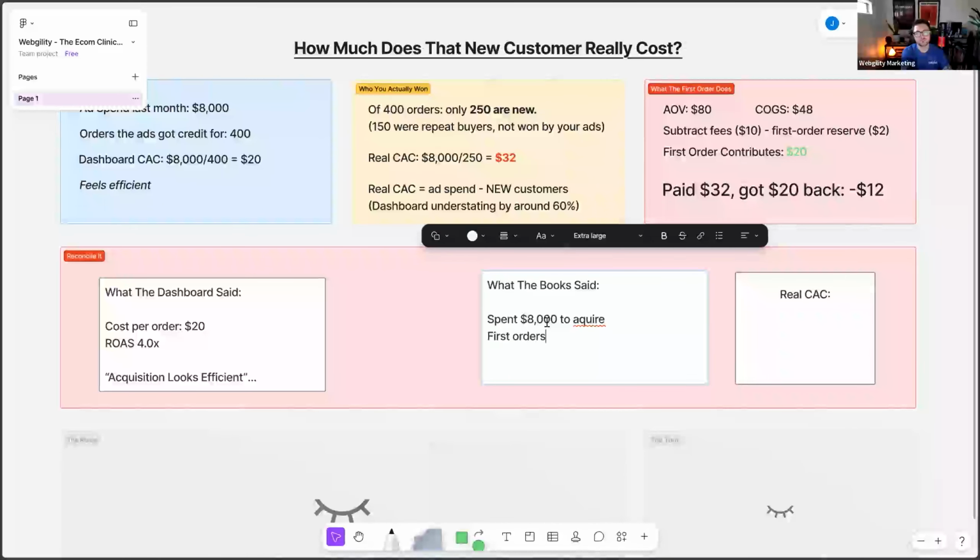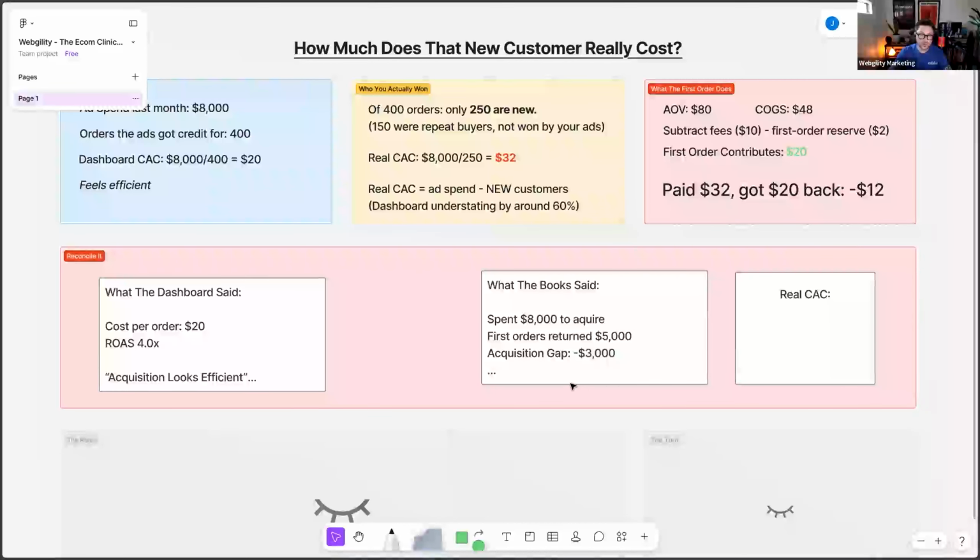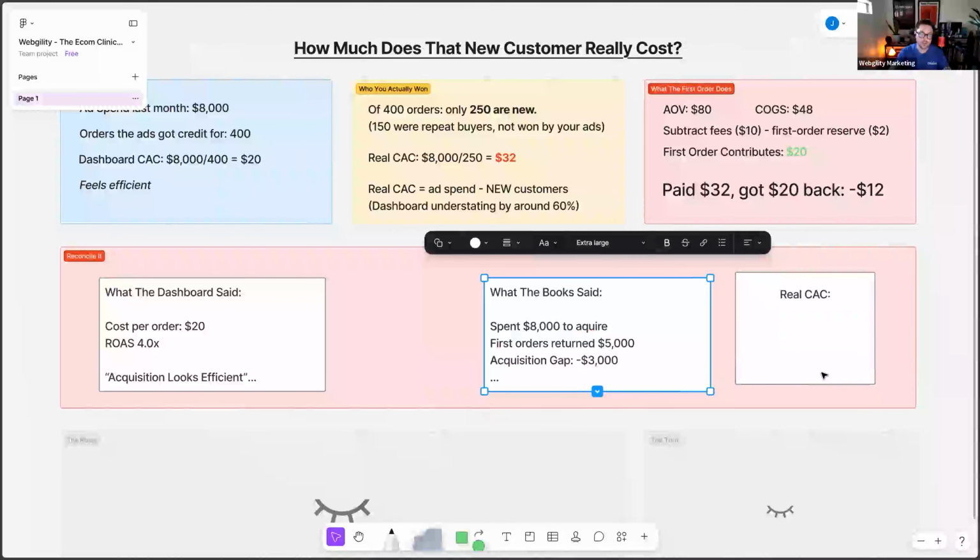First orders returned $5,000. And that acquisition gap ends up being, we'll put a little minus there, $3,000, right? So there's already a gap from your CAC, from your ad spend. There's already an acquisition gap of $3,000 on those orders.